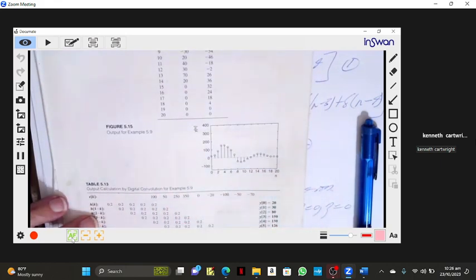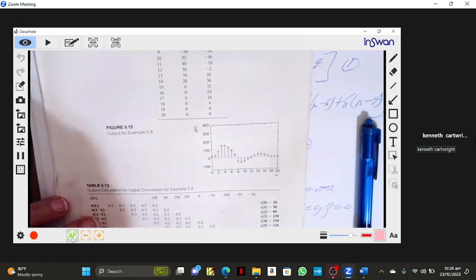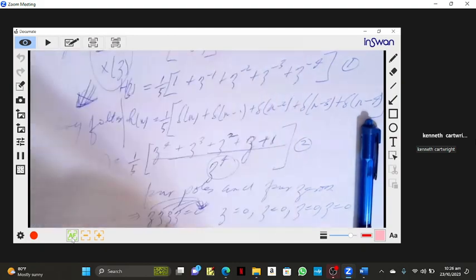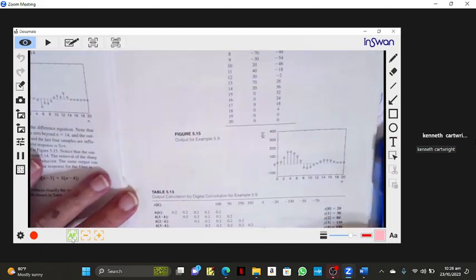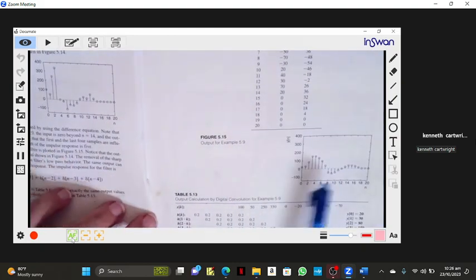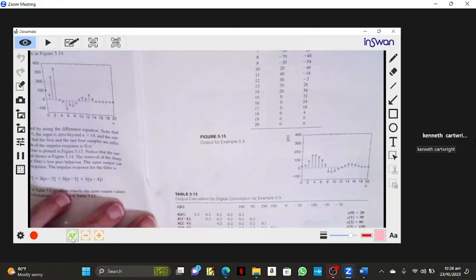So did you notice what happened? How's your output different from your input? Here's your output, here's your input. How does the output differ from the input? I guess the output looks a little more neat.